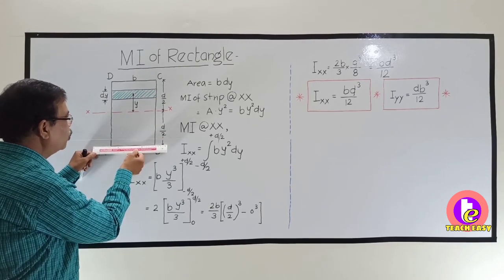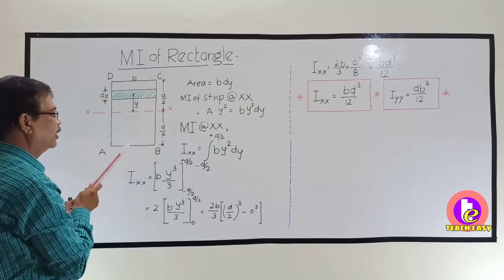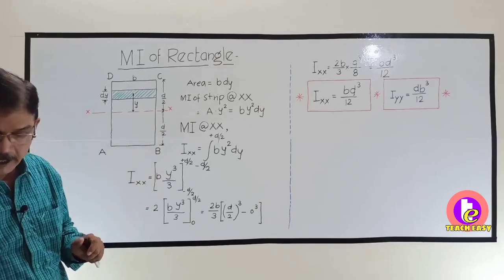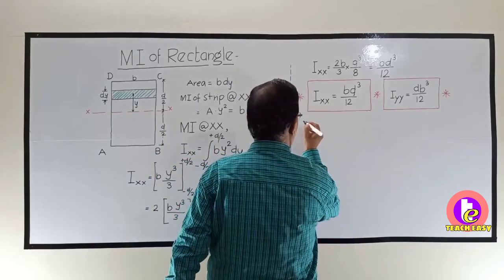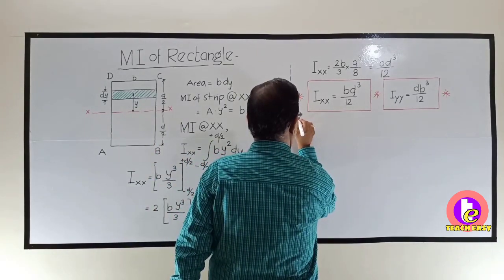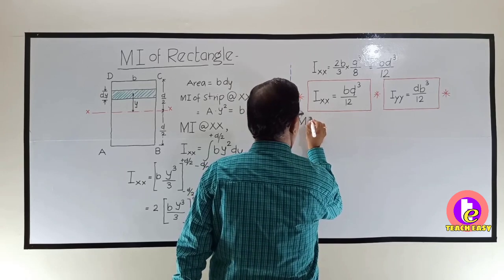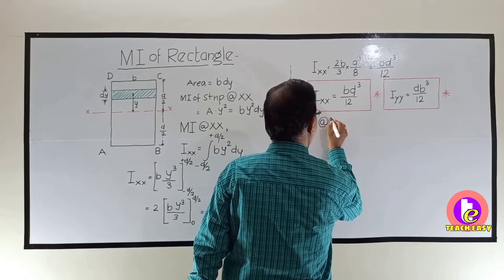IAB will be equal to Ixx plus area into h square. What will be h? In that case, d by 2. So for that purpose, I will write the moment of inertia about base.